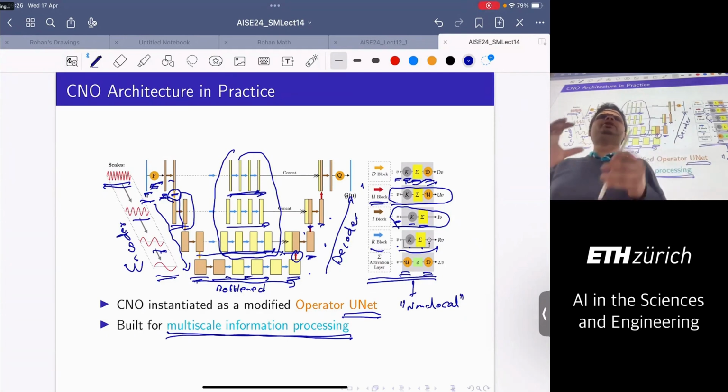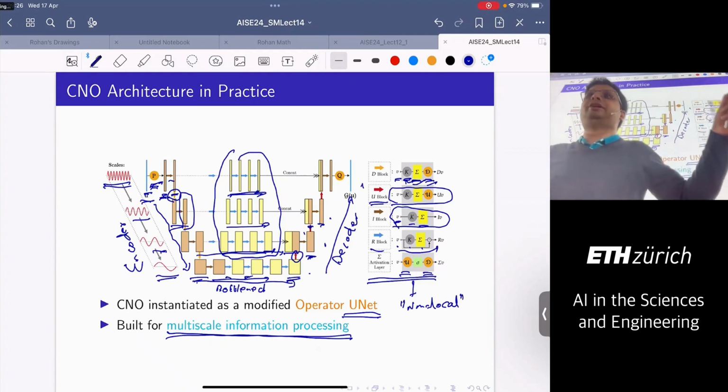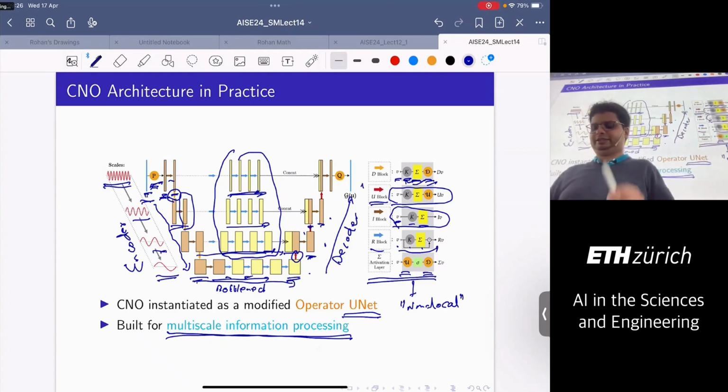Your images are always at resolutions which are powers of 2. So it makes a lot of sense to use powers of 2 in this, right? So let's say that you have an image which is 1024 by 1024. It's a lot, right? But what you do is that in the first step, you reduce it to 512 by 512, then 256 by 256, and so on.